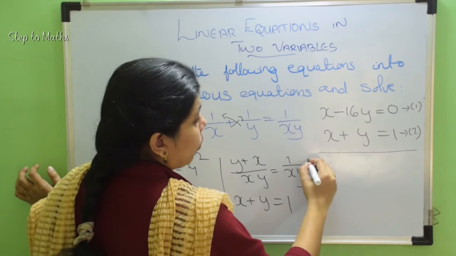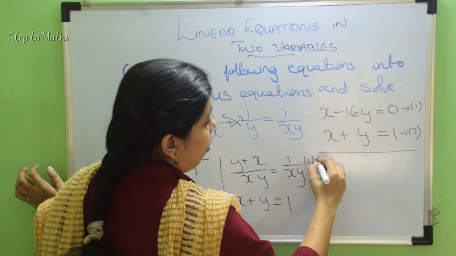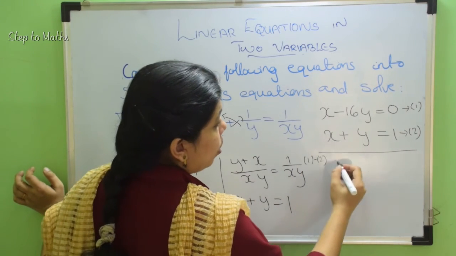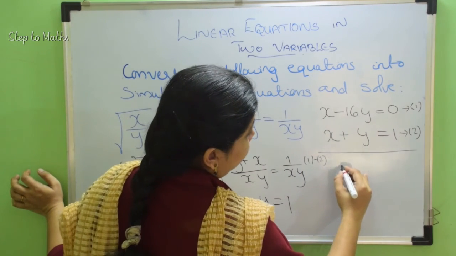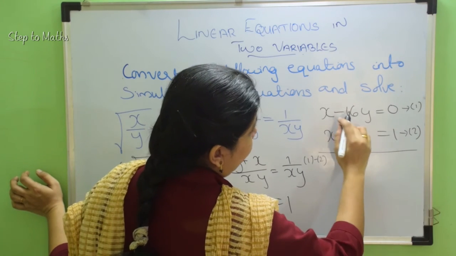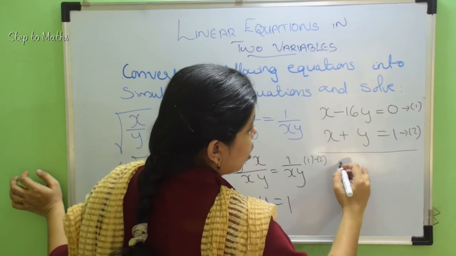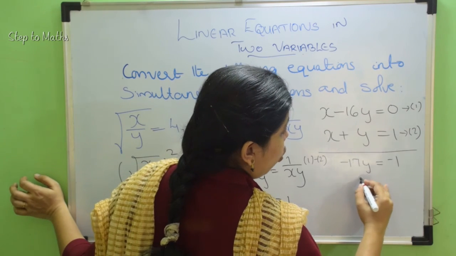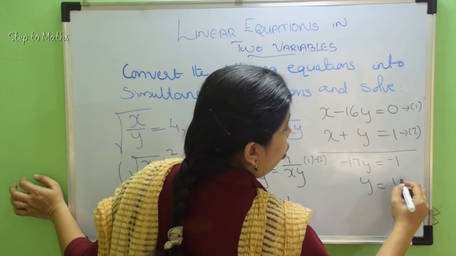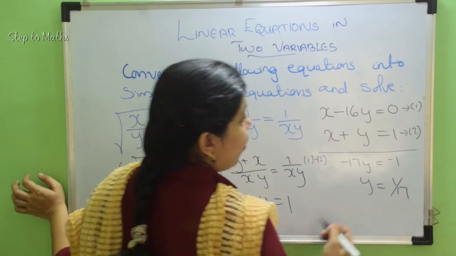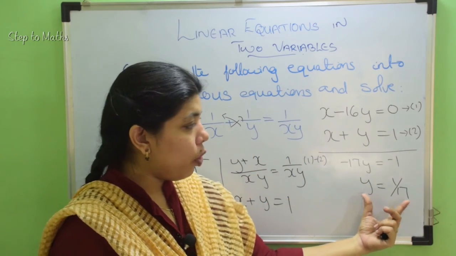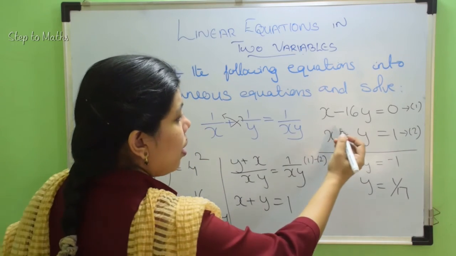If we subtract equation 2 from equation 1, it becomes minus 16y minus y is minus 17y equal to minus 1, or y equal to 1 upon 17. The value of variable y is 1 upon 17.